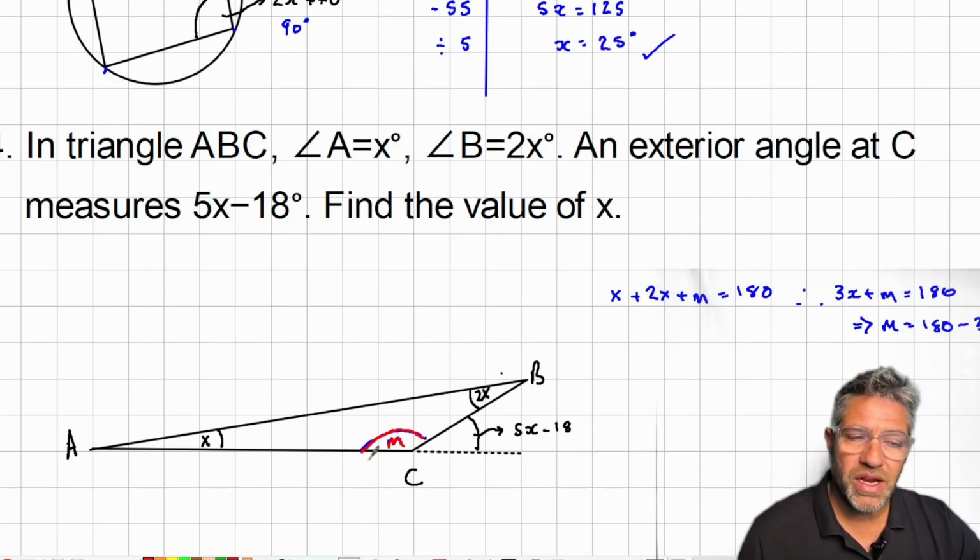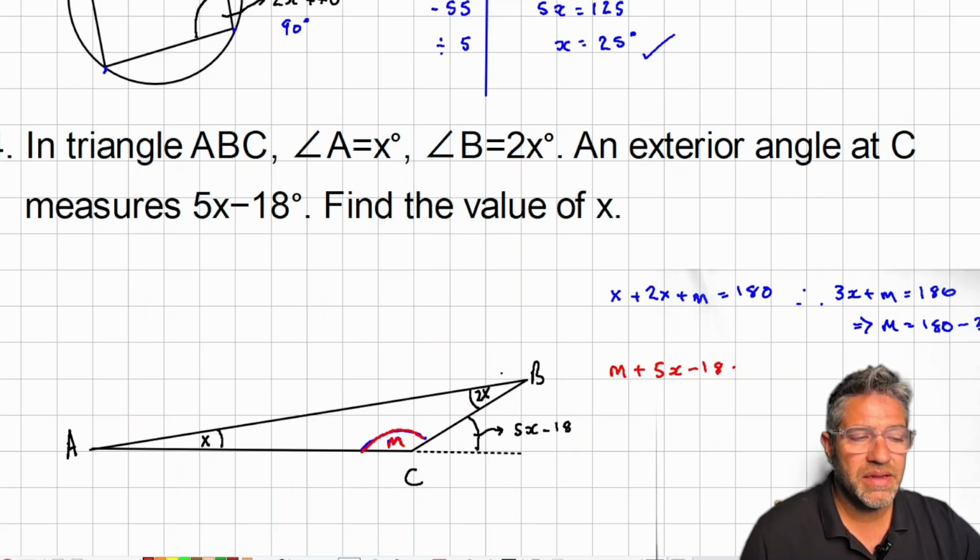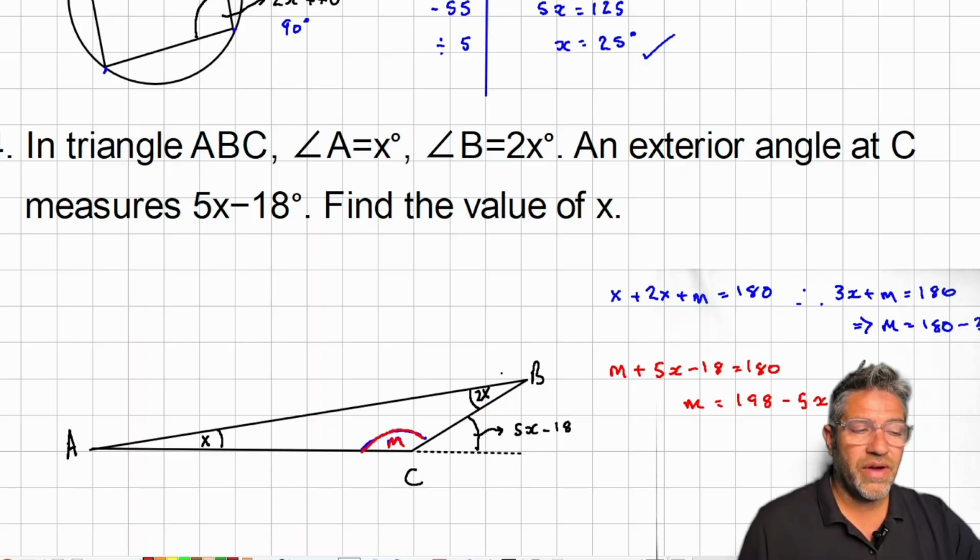However, if I was to go over this and write it in red as well, I'll still call it M. The angles on a straight line must also add up to 180. So in other words, M plus 5x minus 18 equals 180. So M equals, by balance, minus 18 to the side, 198 minus 5x.